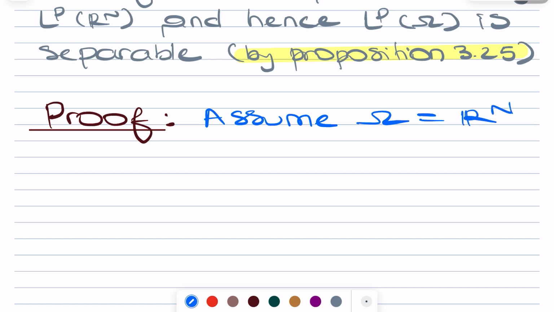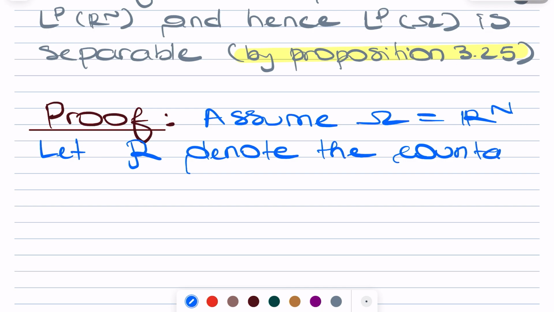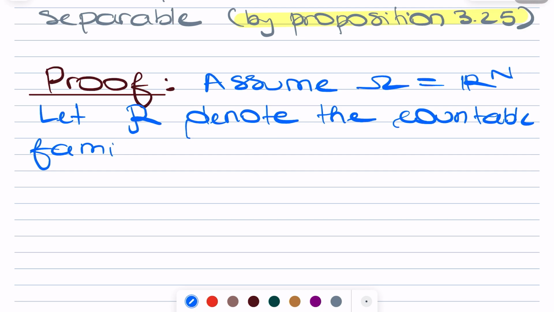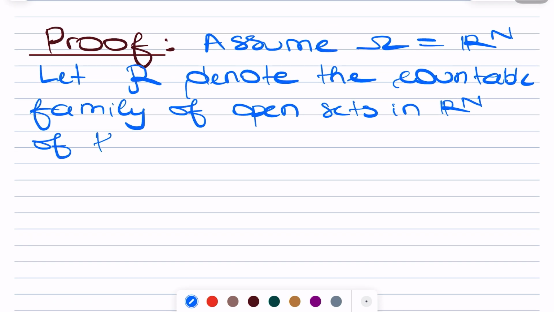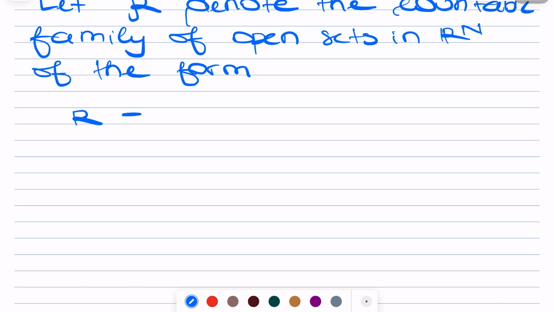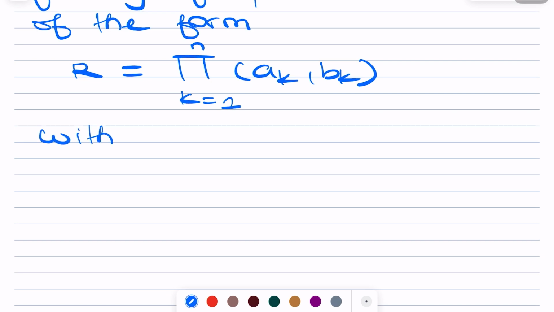So let calligraphic R denote the countable family of open sets in R^n of the form R equals the Cartesian product of the sets (a_k, b_k), k running from 1 to n, with a_k, b_k lying in the set of rational numbers.